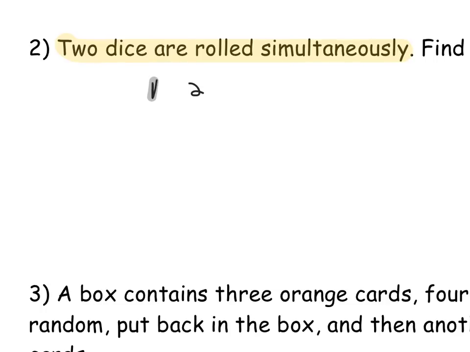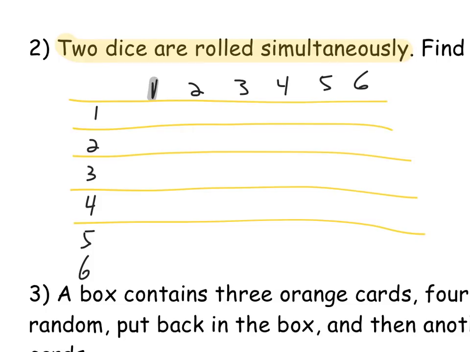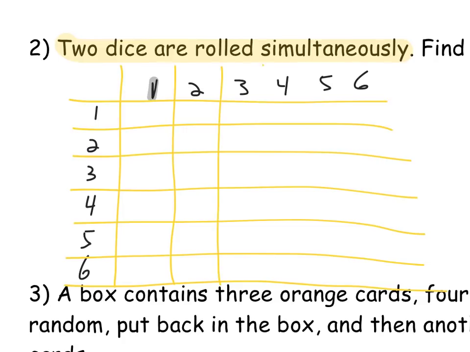I told you to write the numbers 1 through 6 along the top, write the numbers 1 through 6 along the sides, and then begin to fill in the total sums for rolling 2 dice. And by the counting principle, since there's 6 possible outcomes for each die, there's going to be 6 times 6, or 36 total outcomes.